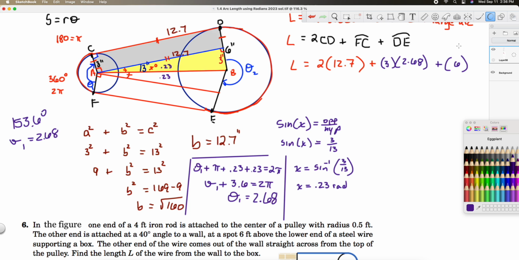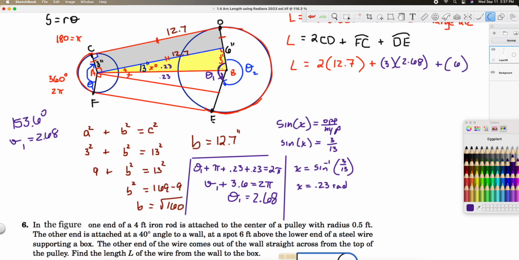Now look at this, guys. This angle here is the same as this angle right here. This is also theta 1, this inside angle. If we know these 0.23, we know there's 180 degrees in a triangle, and 180 converts to pi. So if we subtracted and found these angles, we would find that it's 2.68.